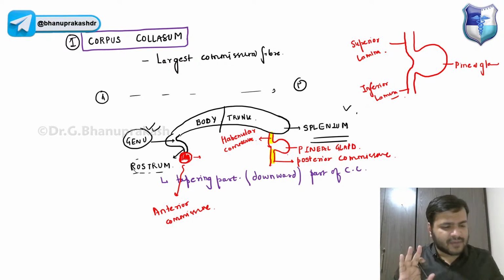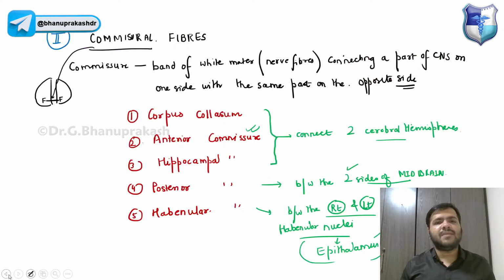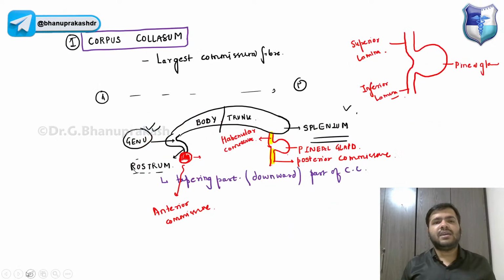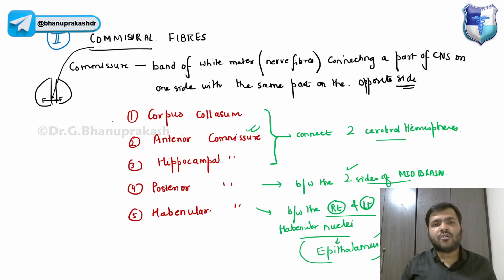कि ये commissure जो है कहाँ कहाँ पे present है ये बात पता चल गई. कि चलो हमने देख लिया कॉर्पस कोलोसम का है, एंटीरियर का है. Yes, we have discussed the posterior commissure and the habenular.